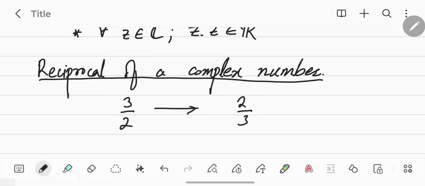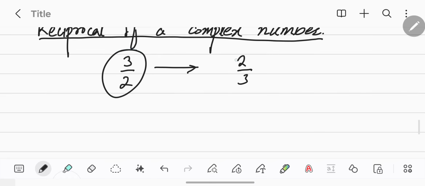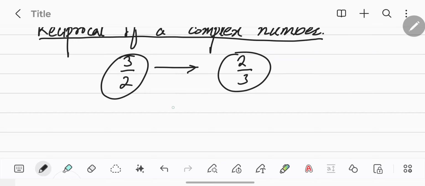The reciprocal numbers have a very beautiful property. If you have a number and its reciprocal and you multiply them, for example 3/2 with 2/3, then these things will cancel out and I will get 1.